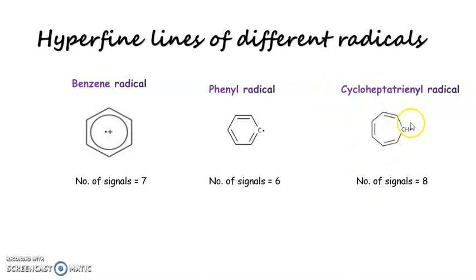Here we have 2 CH2 protons, but one is withdrawn and given as a radical, and all other positions have 1 hydrogen each. So in total there are 7 hydrogens, 1, 2, 3, 4, 5, 6, and this 7. And the number of signals we are expecting is 8.